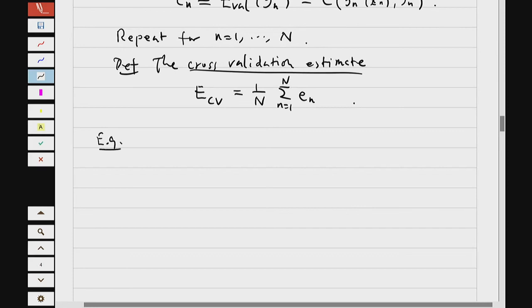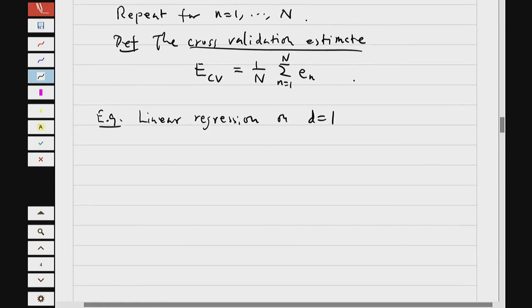Now let's take a look at an example of how this works. Suppose we have linear regression, with d equal to 1 to make things simple. And let's say you only have 3 data points in your data set. So ECV would be 1/3 of E1 plus E2 plus E3.